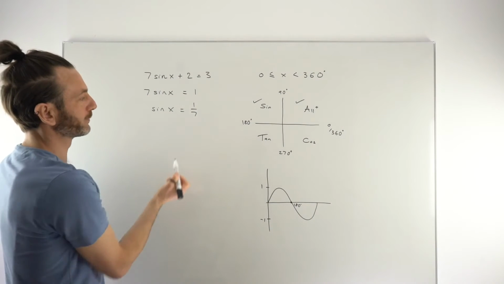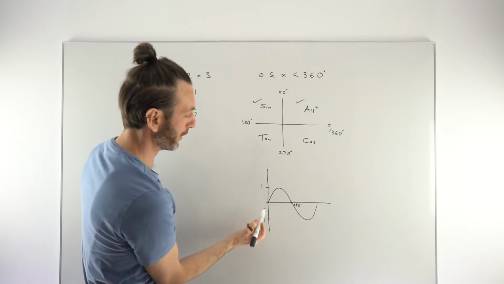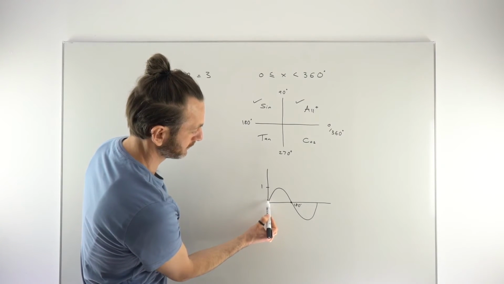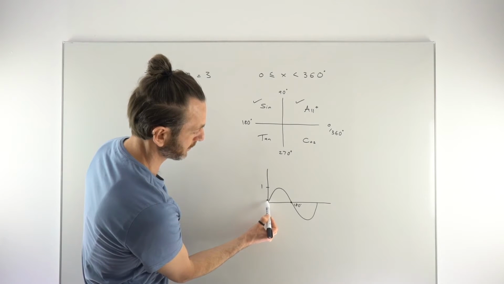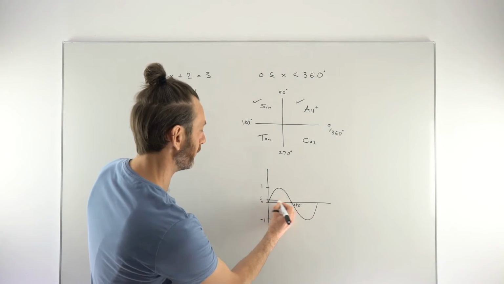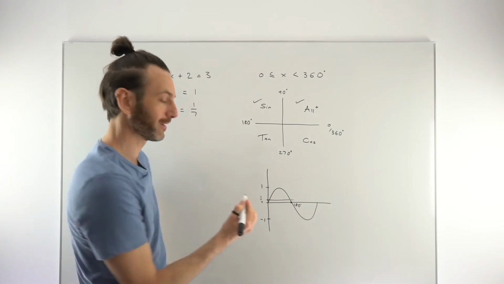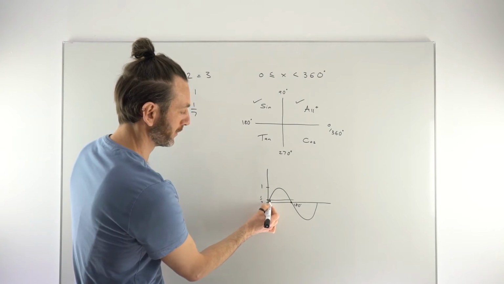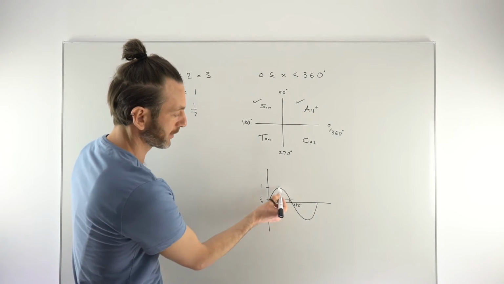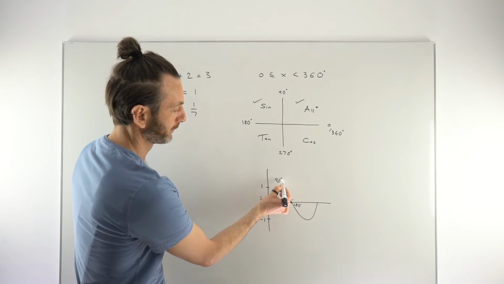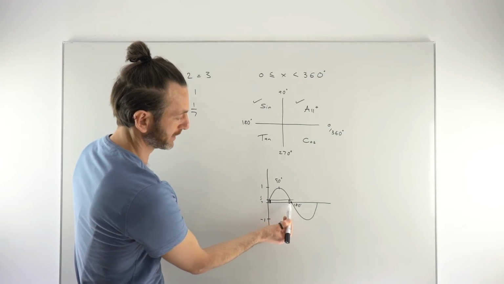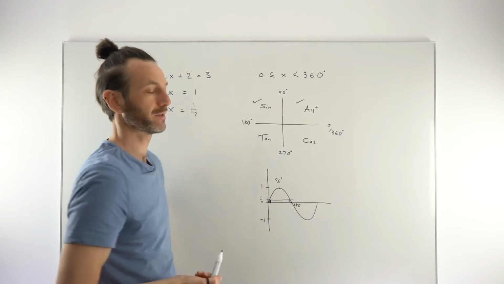If we mark on 1 over 7, which is a very small number, going up the way, that would be somewhere there. So that's our value 1 over 7. If you draw a horizontal line through the graph, where it hits the graph is going to be your two solutions. So a solution there and then a solution there. Remember this point here is at 90. So you can see that there's a solution between 0 and 90, and there's another one between 90 and 180, which is just what the CAST diagram is predicting.